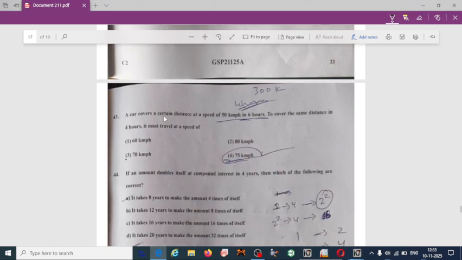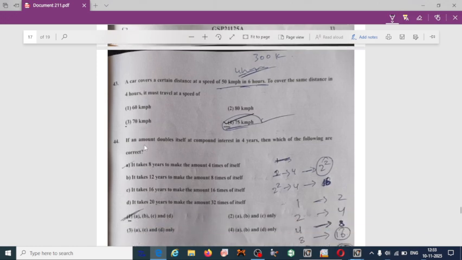A car covers a certain distance at a speed of 50 km per hour in 6 hours. To cover the same distance in 4 hours, it must travel at a speed of 75 km. Option 4.